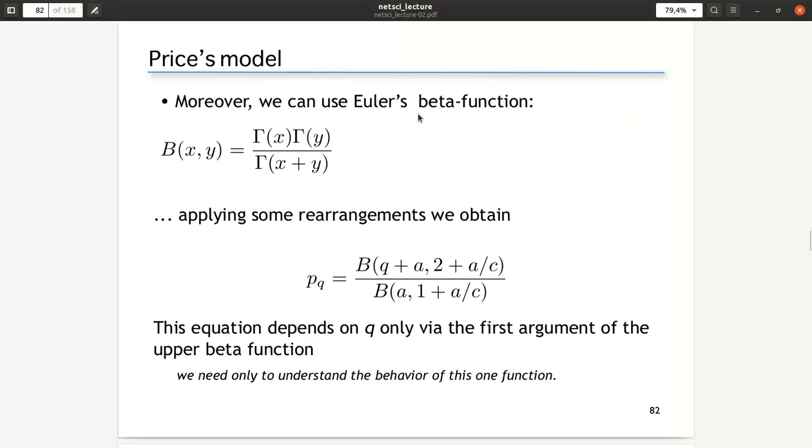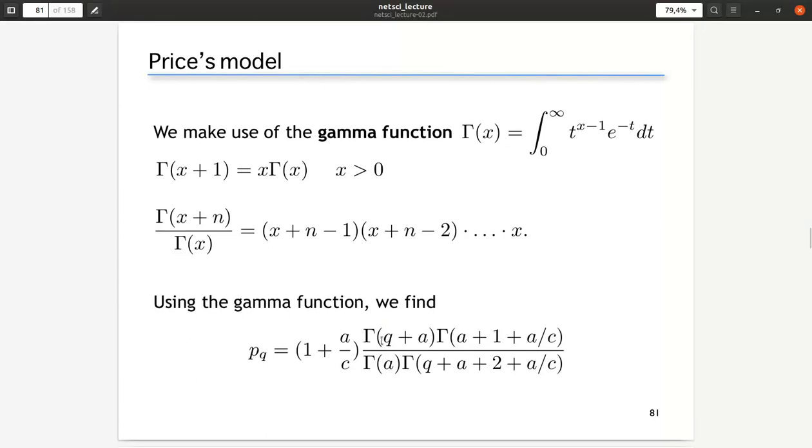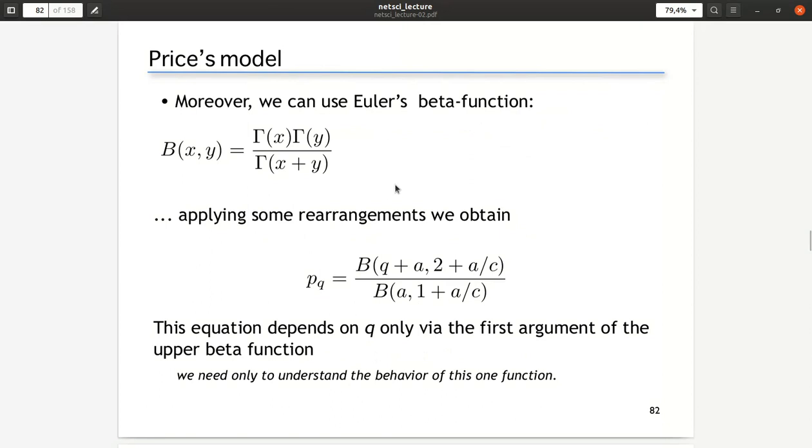Furthermore, there is another famous function called Euler's beta function, which is composed of gamma functions. You can see that this expression appears in the previous slide, basically: gamma, gamma, and gamma, gamma. So it turns out that p_q can also be written in terms of the Euler beta function.